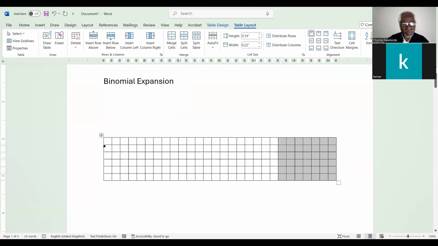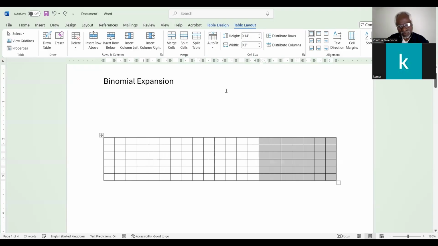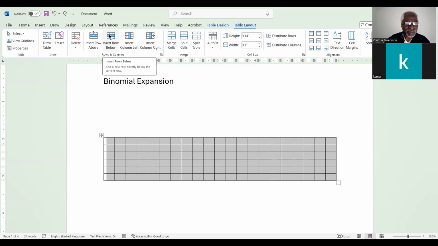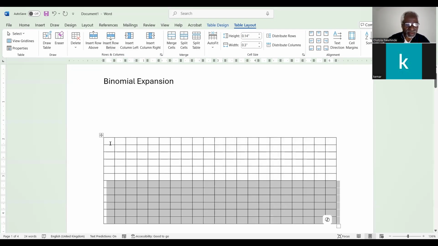We have to take 1, 2, 3, 4, 5, 6, 7, 8, 9, 10, 11, 12, 13, 14, 15, 16, 17. Okay, let me take the last one out. Okay, good. And then I can expand this one this way. Expand that one. Let's do that.